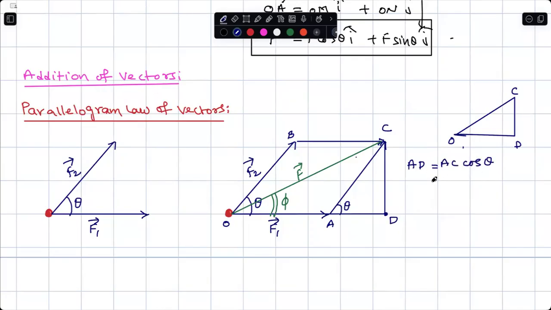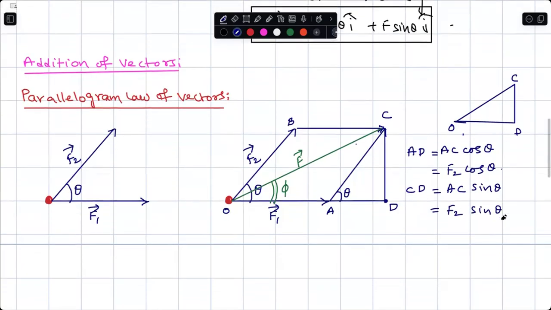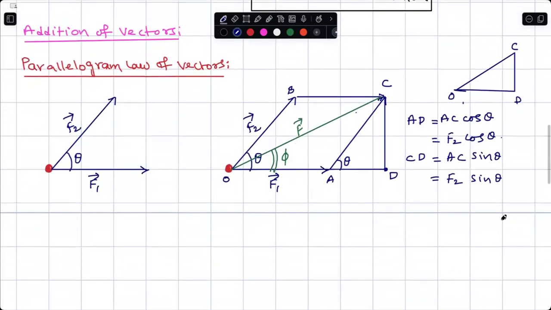AC is nothing but F2 magnitude, so F2 cos theta. Wherever I have CD, I can write AC sin theta, which is F2 sin theta. I hope there is no doubt till this point.